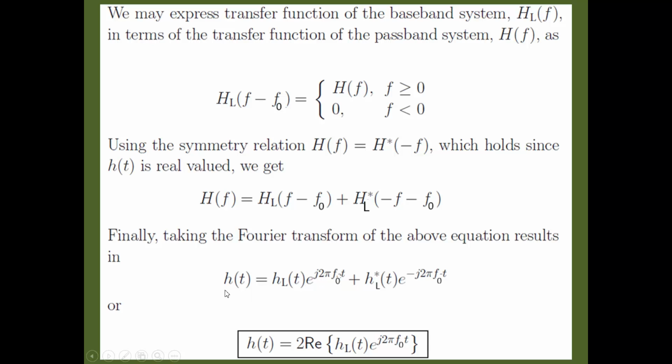Now we know that HT will be equal to twice the real part of HLT, and if we expand using the cosine and the sine function, using Euler's formula, the e to the power j2 pi F naught t and e to the power minus j2 pi F naught t, then we will see that HT will be equal to twice the real part of HLT e to the power j2 pi F naught t.